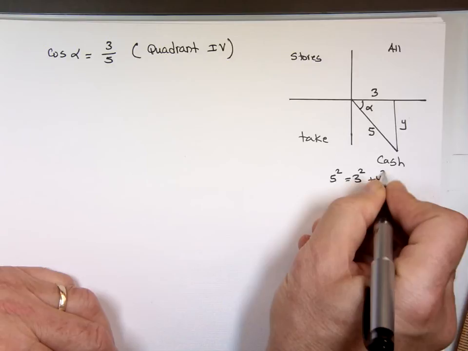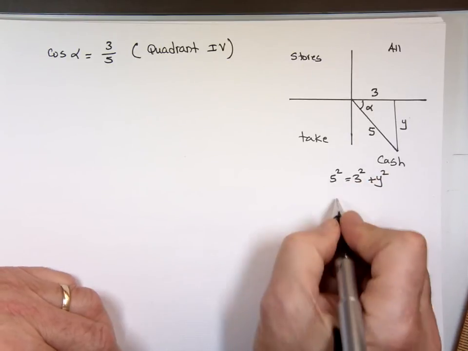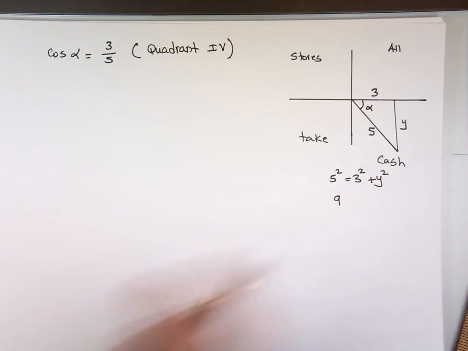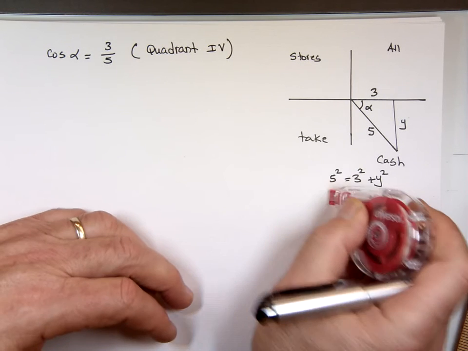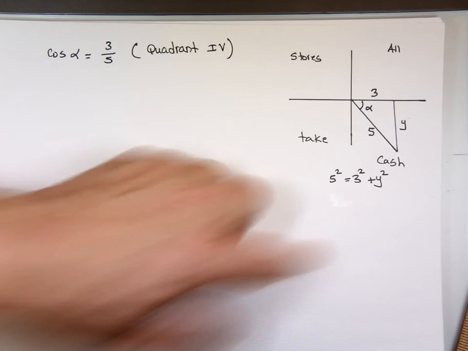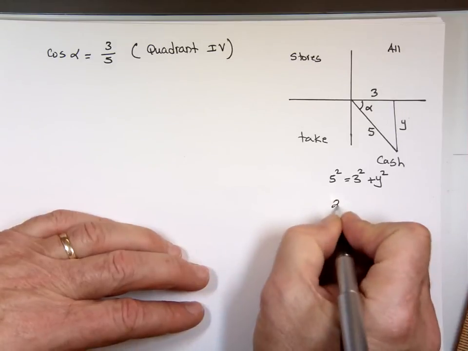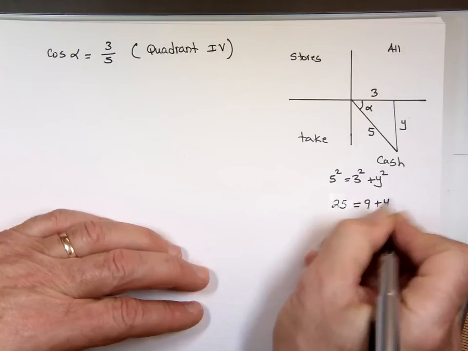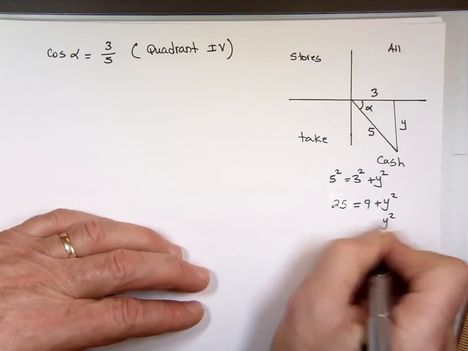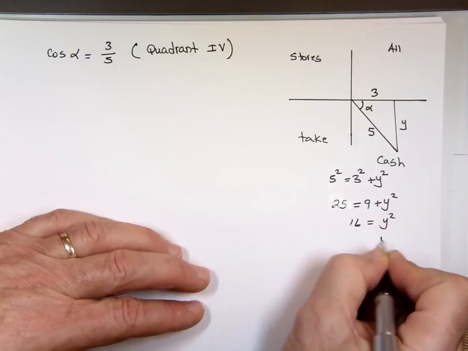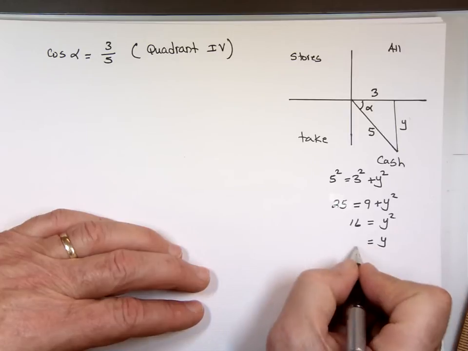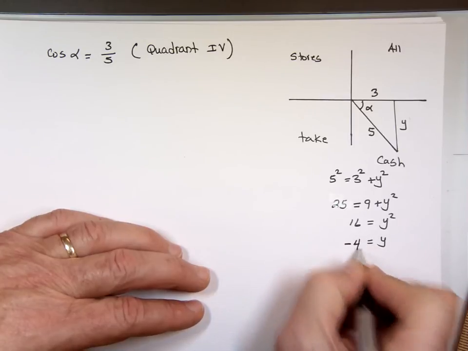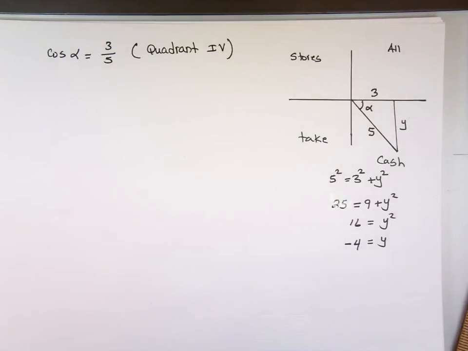Pythagorean theorem. 25 equals 9 plus y squared. Y squared equals 16. Y will have to be plus or minus. In this case it will be negative 4, because you can see it's down there below.